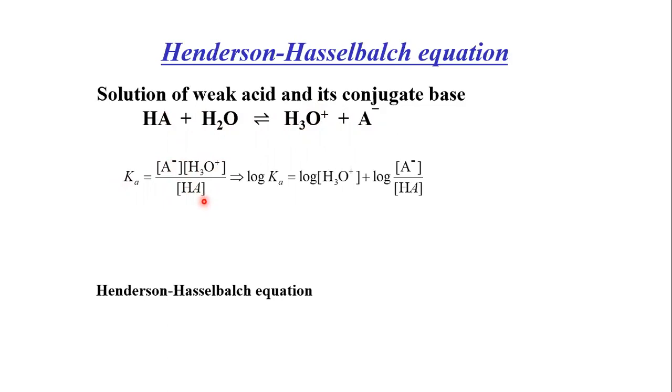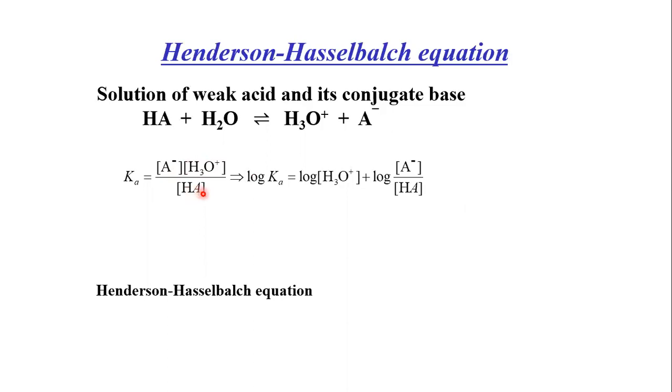Great. Now, the unfortunate part, why we don't use this, is usually I don't have the concentration of A minus at equilibrium, right? So we have to find it through X, and we used to put X and C0 minus X and solve for the X.